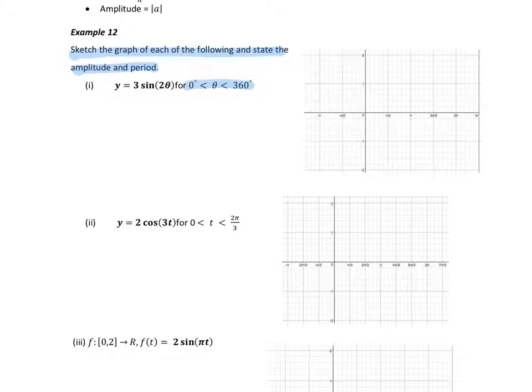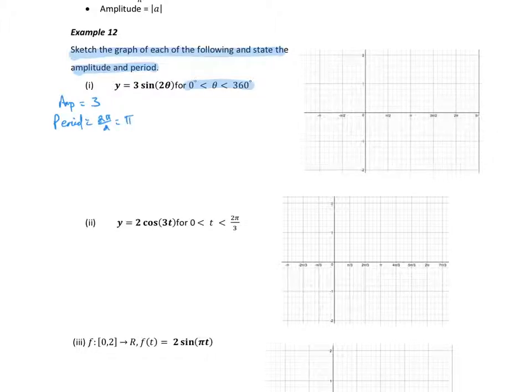First things first, whenever we sketch a trig function, we identify the period and the amplitude. So the amplitude is equal to 3. The period is equal to 2 pi on 2, which is equal to pi. Now I'm going to sketch it two ways here.